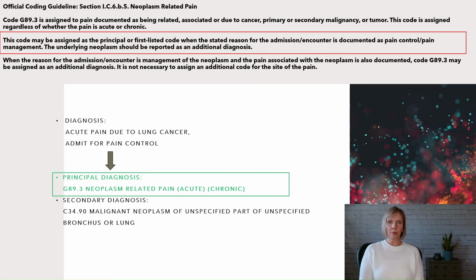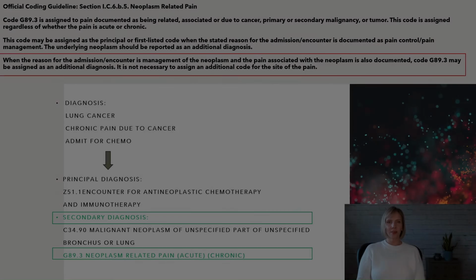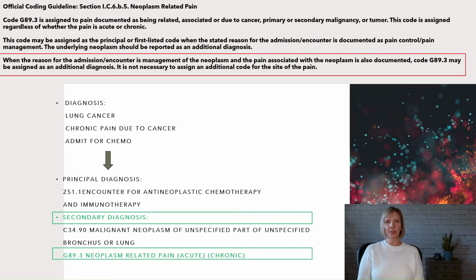For example, if a patient with acute pain due to lung cancer is admitted to the hospital for pain control with no care directed at the malignancy itself, the principal diagnosis would be the neoplasm-related pain with an additional code assigned for the malignancy. When the reason for admission is to manage the cancer and associated pain is also documented, you can assign code G89.3 as a secondary diagnosis.